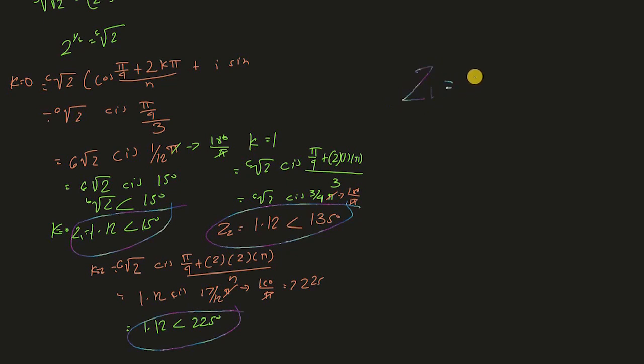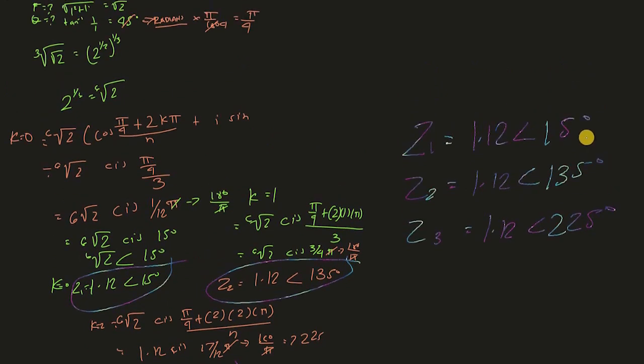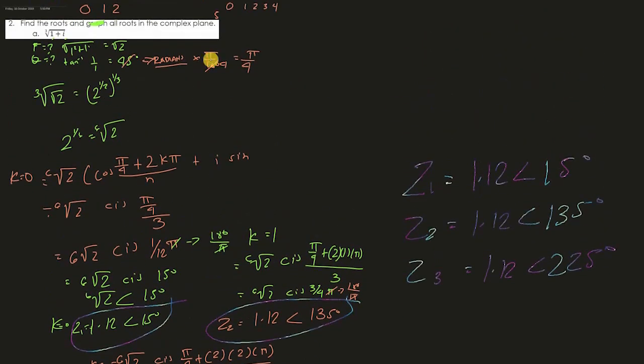Z sub 1 is equals to 1.12 angle 15 degrees. Z sub 2 is equals to 1.12 angle 135 degrees. Z sub 3 is equals to 1.12 angle 225 degrees. So these are the three roots that the problem is actually kung ano yung pinapahanap niya sa atin.